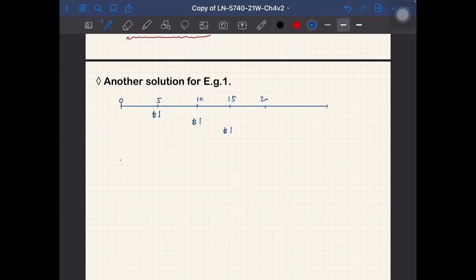So 20, 25, 30. And we can think about the present value of each payment. For example, $1 at time 5 is worth v to the 5th power at time 0. $1 at time 10 is worth v to the 10th power at time 0, and so on.